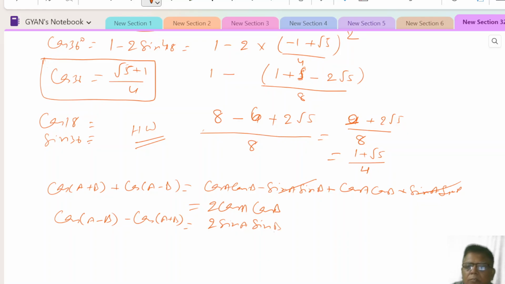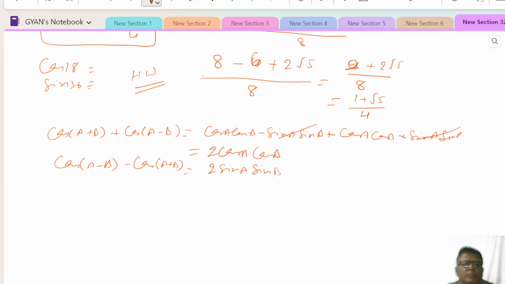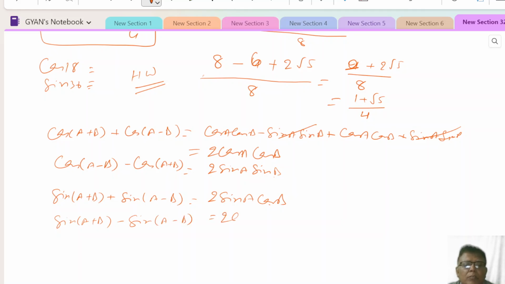So here you can find again sin a plus b plus sin a minus b. So that will be 2 sin a into cos b, and sin a plus b minus sin a minus b is 2 cos a into sin b.